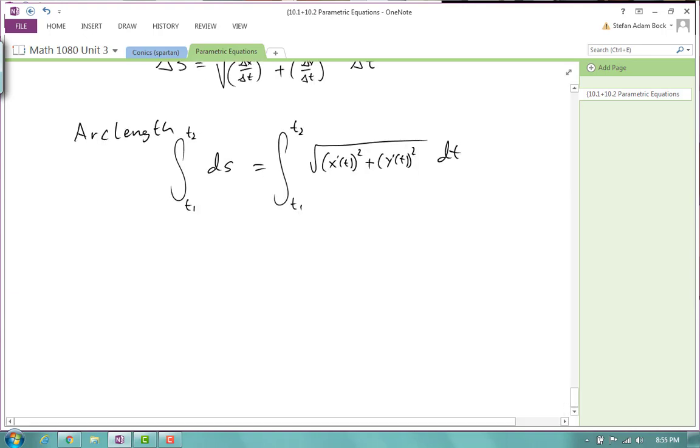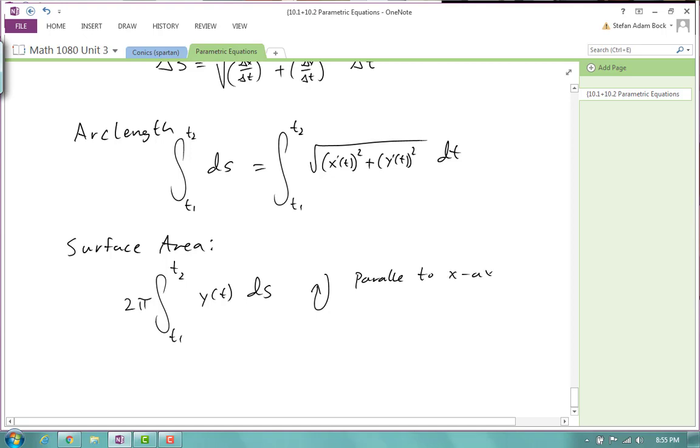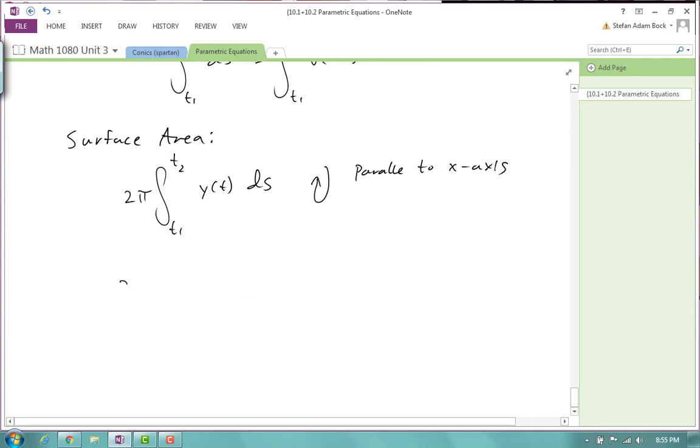And similarly, our surface areas of revolution is going to be an integral from t1 to t2 of 2 pi y of t ds for parallel to the x-axis, and 2 pi integral from t1 to t2 of x of t ds for parallel to the y-axis.